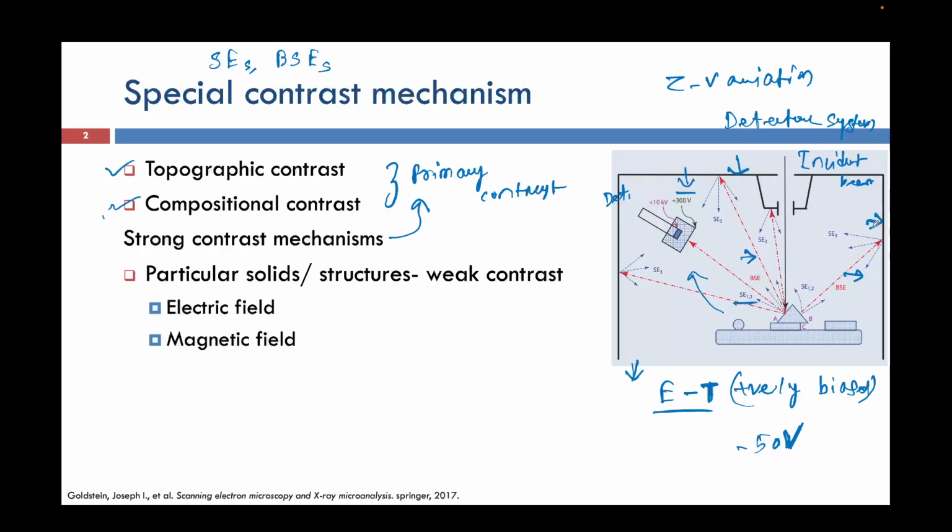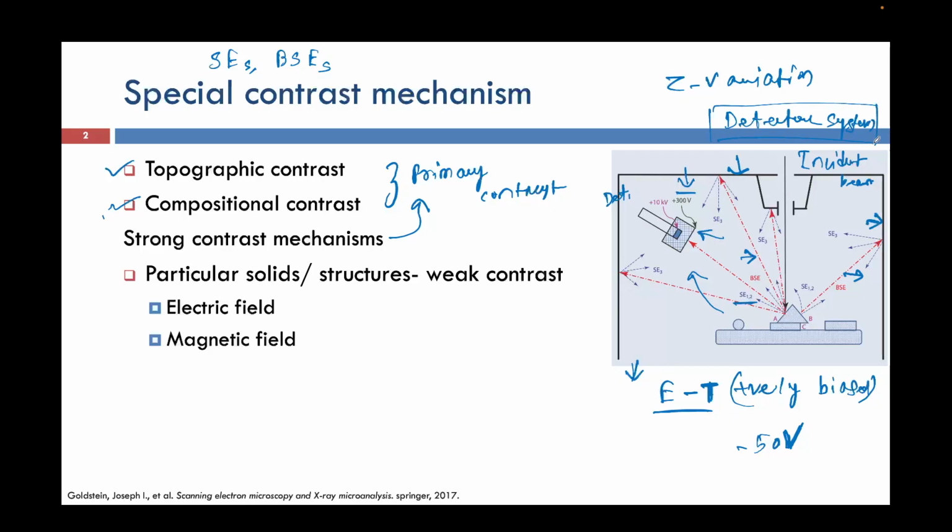For those kinds of conversion we have a special detector called the BSE to SE detector. After this conversion, those secondary electrons also will be captured by this detector. So this is a typical detector system in a scanning electron microscope.